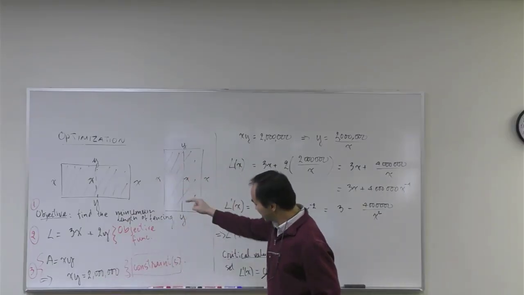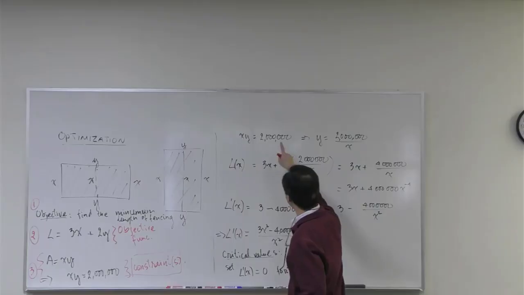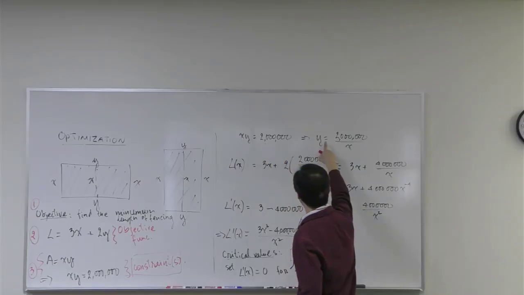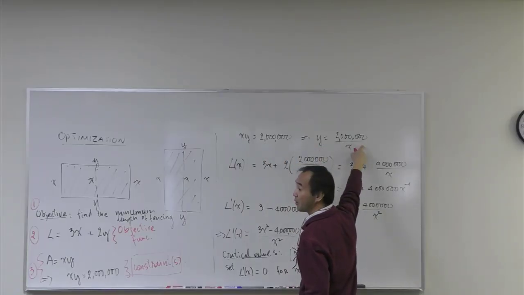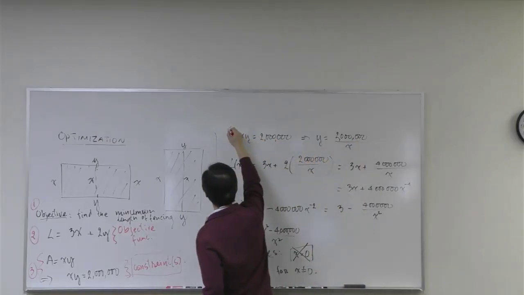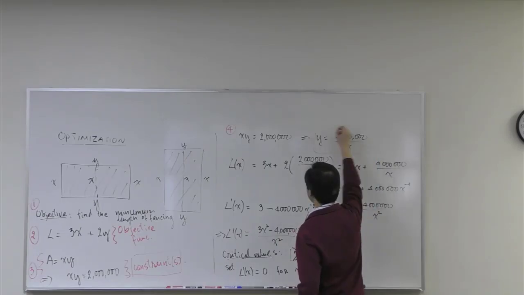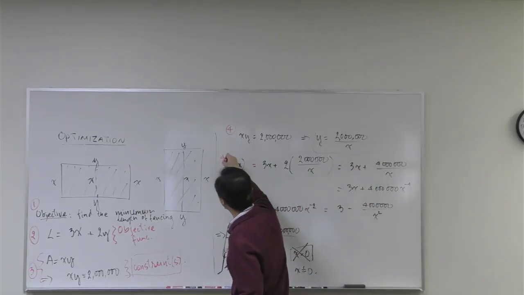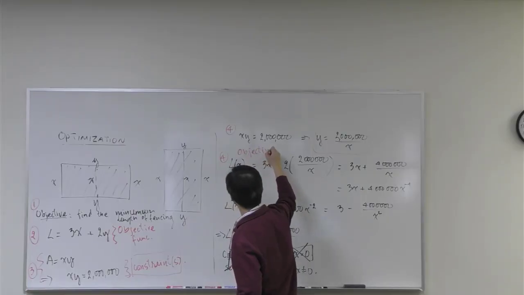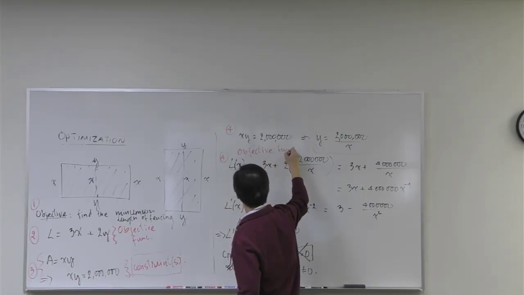And so from that constraint, we solve for one variable in terms of the other one. So that's step 4 here. And then we're going to substitute that variable and eliminate our function down to only one variable. Objective function now, but the good news is in one variable.